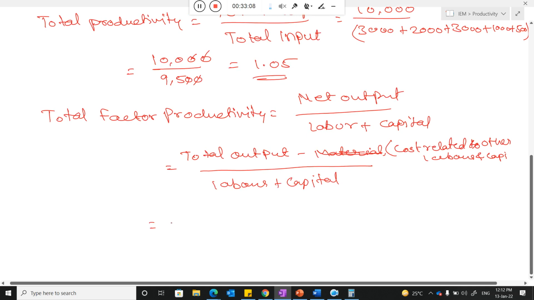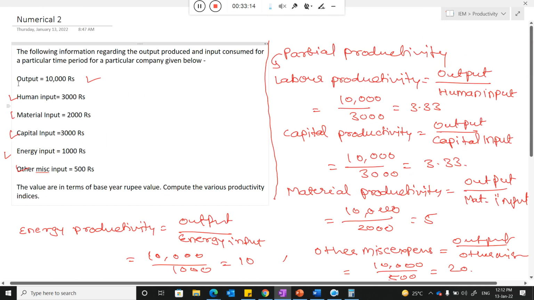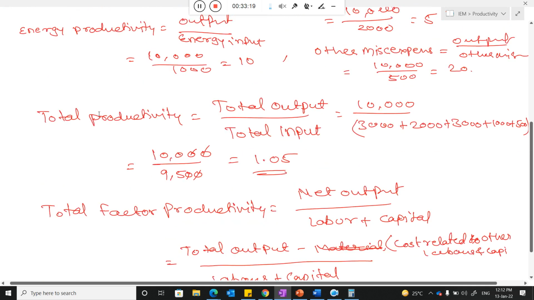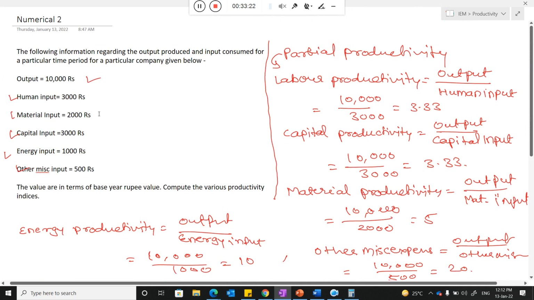So what is the total cost for this particular thing? That is 10,000, as we know for this particular numerical. Now, except for labor and capital, what are the other costs? The cost related to material, capital input, energy and other miscellaneous, that is not related to capital.